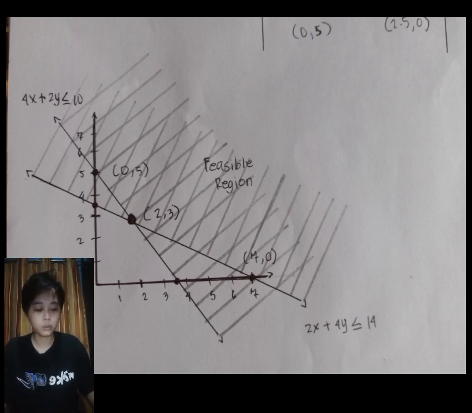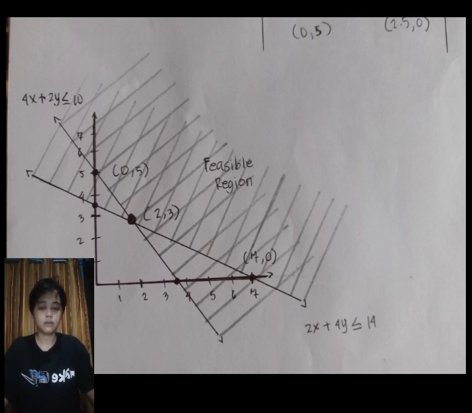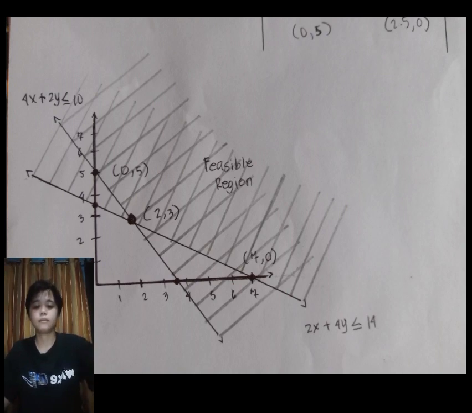Second, we are going to find the location points (0, 5) and the second one is (0, 3.5), and so we're going to make a line again. So you have the feasible region.